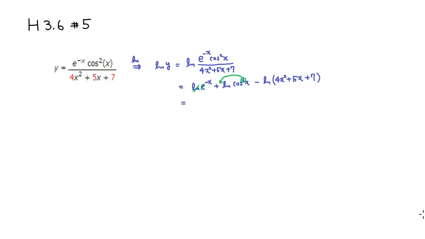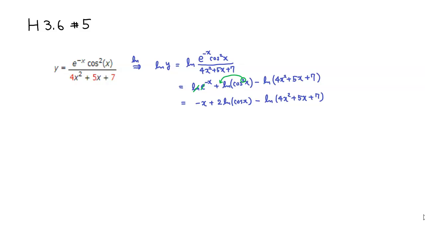So you get negative x plus 2 times the natural log of cosine of x, with parentheses here, and minus the natural log of 4x squared plus 5x plus 7.